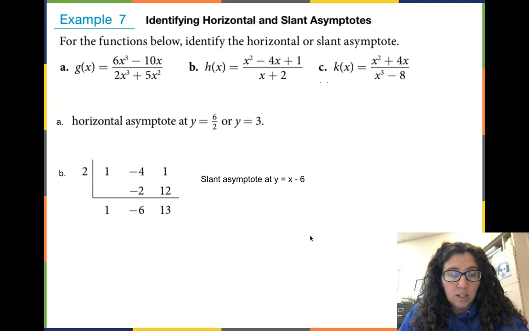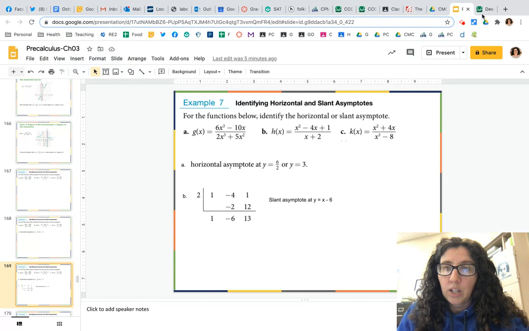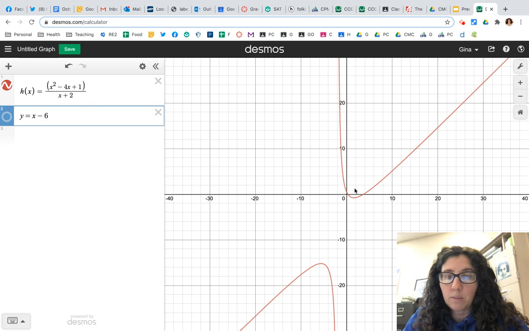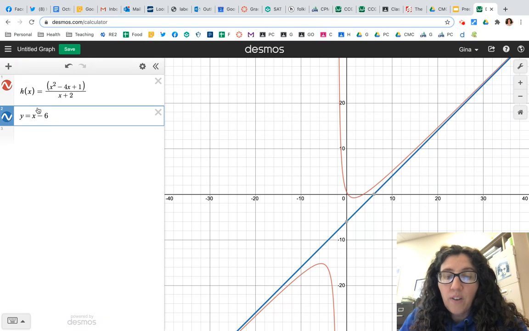Okay, and let's look at Desmos for just a minute. So here's what the function looks like. I just put in the function x squared minus 4x plus 1 over x plus 2, right? And here's the slant asymptote. There we go, x minus 6. Okay, so the way we find that is by doing synthetic division or just doing regular division.